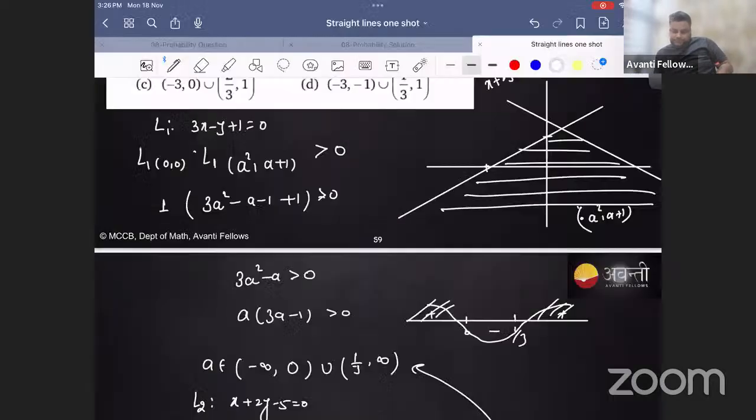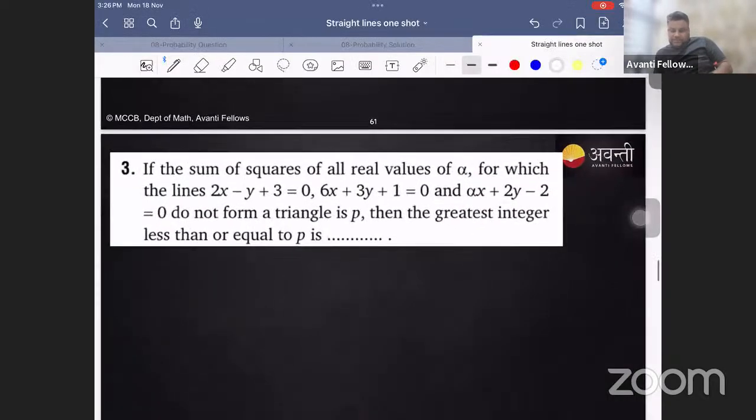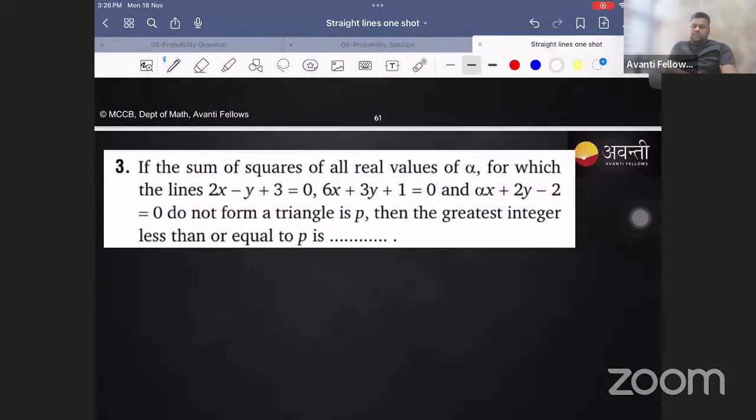Now, try this one. Sum of the squares of all real values of x for which this and this do not form a triangle is p.